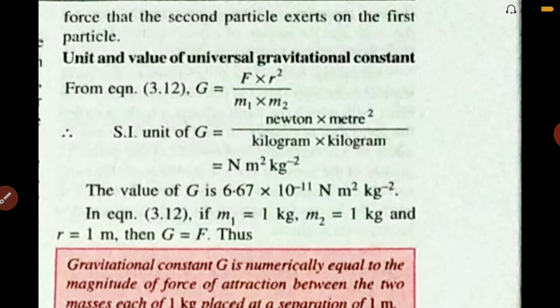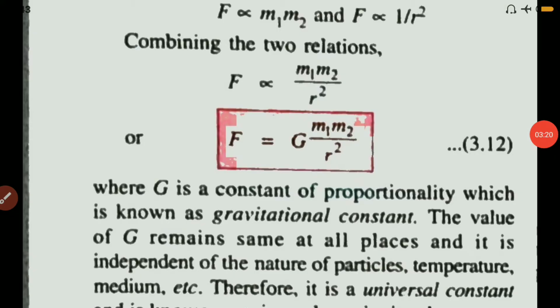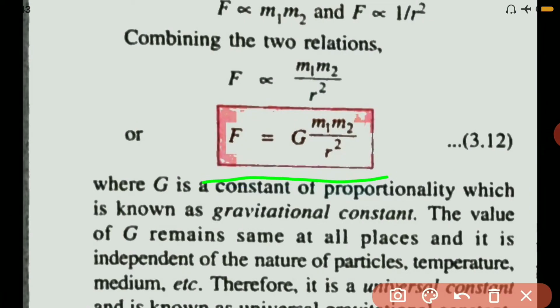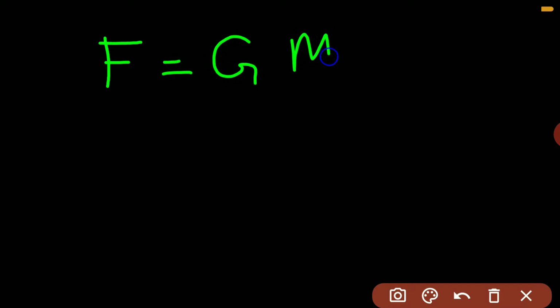So from equation 3.12, we can find the value of G after cross multiplying it. Let me show it to you all. Taking the formula for force, F equals capital G m1 multiplied by m2 divided by r square.